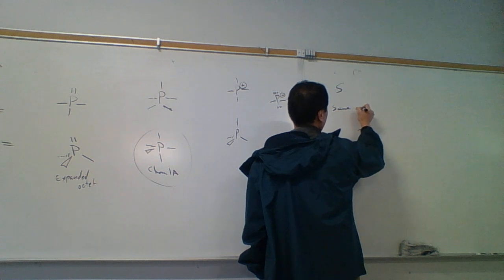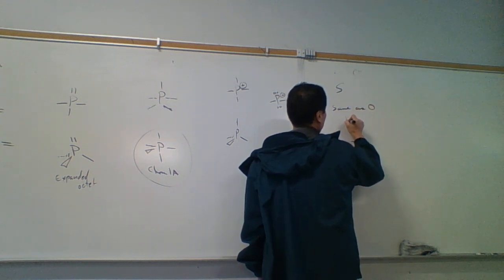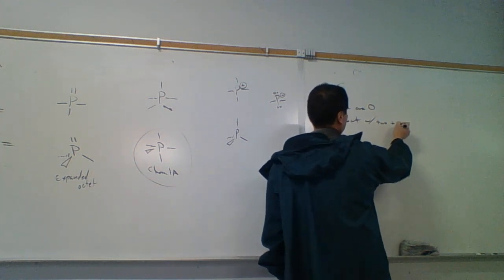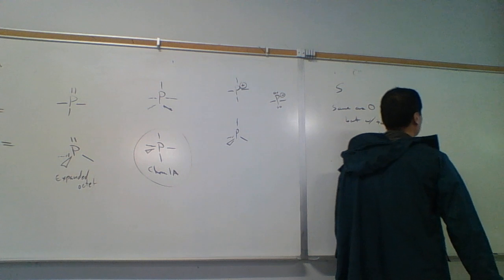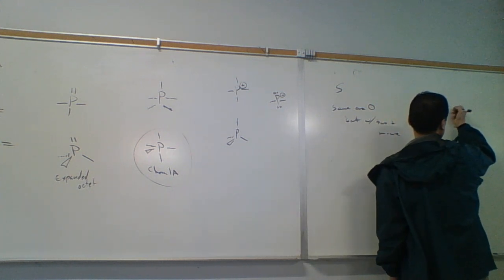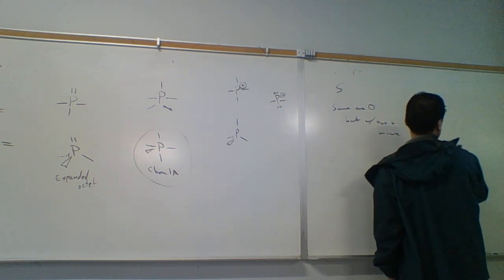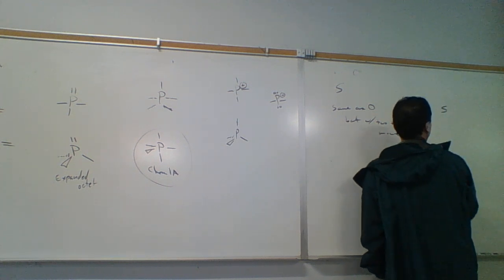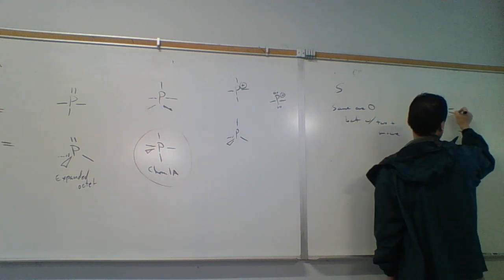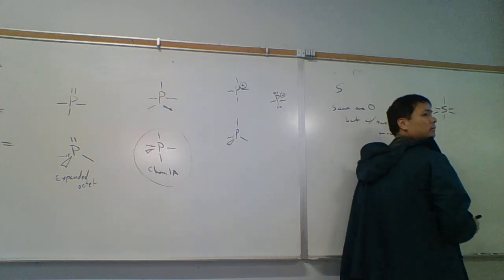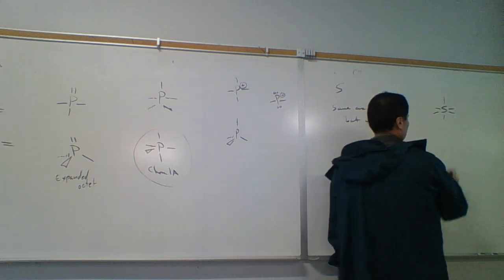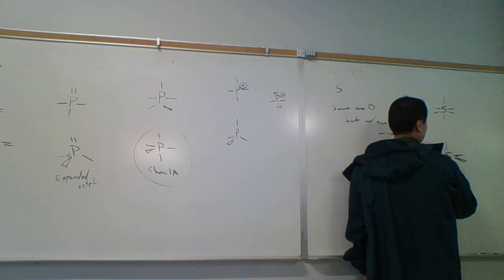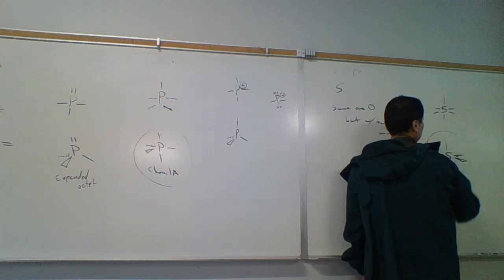Same as oxygen, same as oxygen, is with 6 single bonds, like that. This is also a Chem 1A type structure. Chem 1A type structure, we call this an octahedral structure.